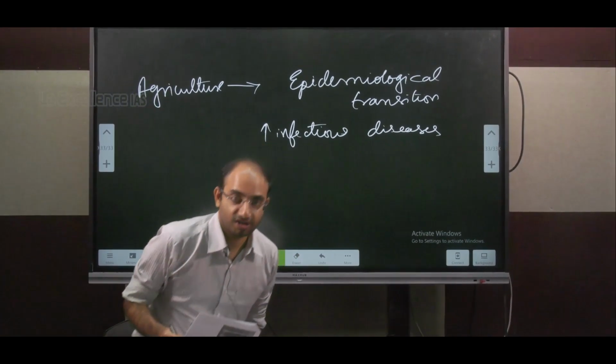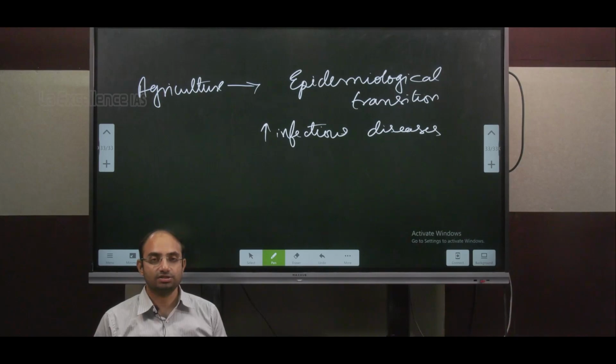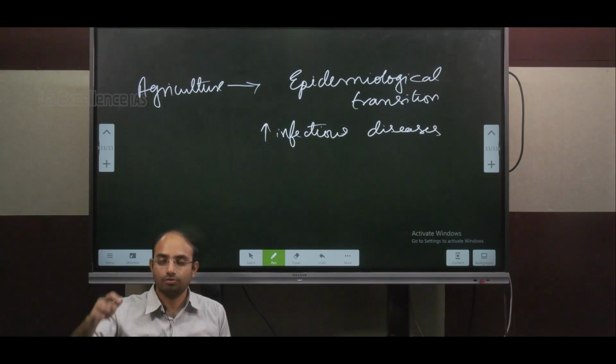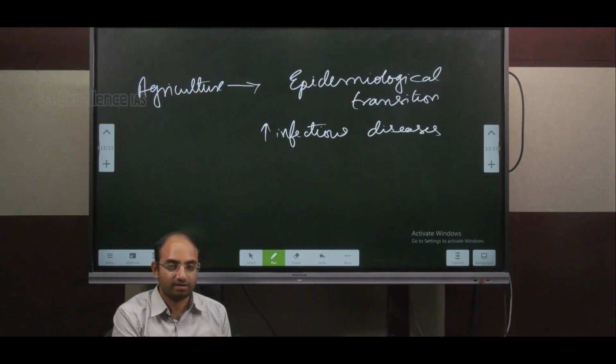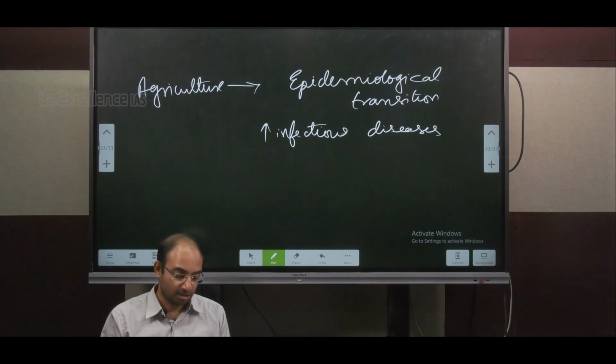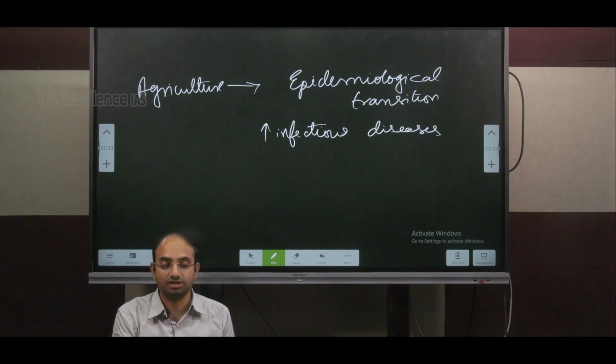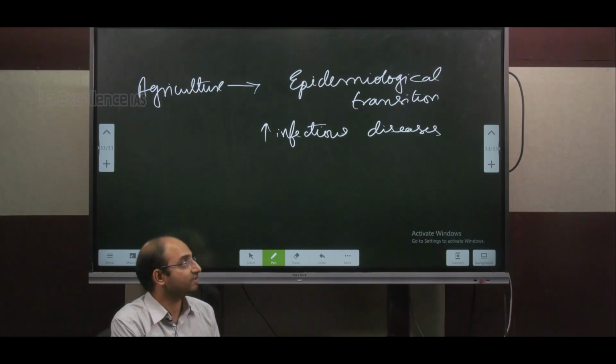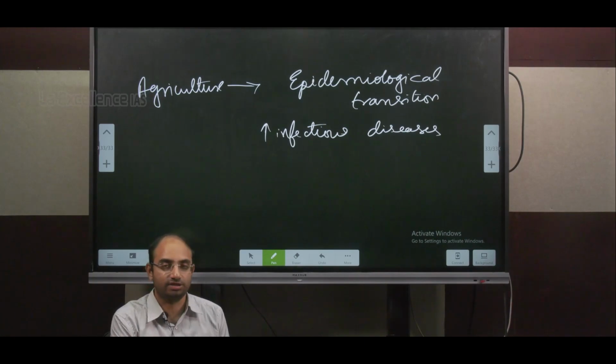In villages where sanitary conditions are poor, you have domesticated animals, and you have irrigated fields where water is held stagnant. Because of all this, vectors like mosquitoes breed, which increases the prevalence of malaria and other vector-borne diseases. All of these infectious diseases increase in agricultural societies.